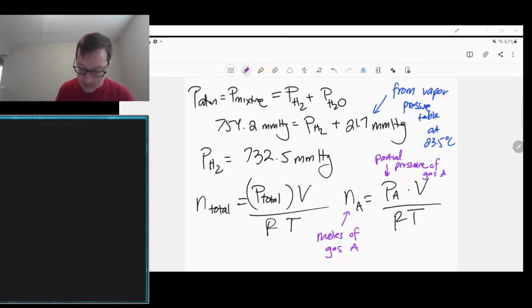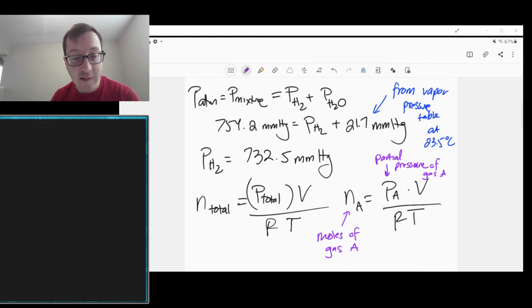And so in here, this was our total pressure, 754.2. However, our partial pressure of hydrogen is 732 because that's all that part is contributing. Because in reality, the water vapor is also adding some pressure to our system. So we have to correct that by using this idea.